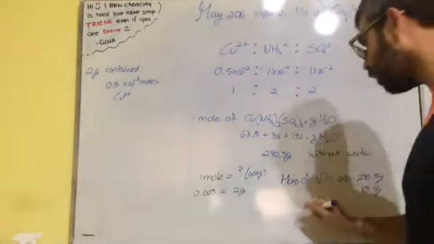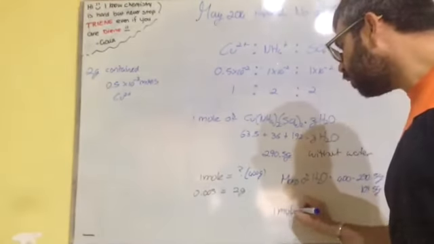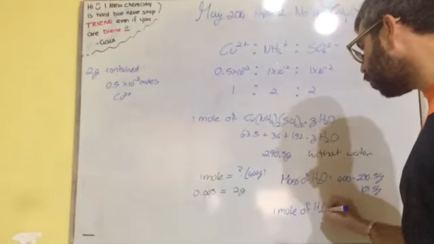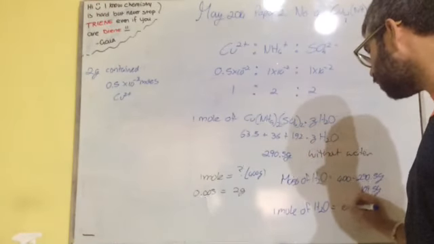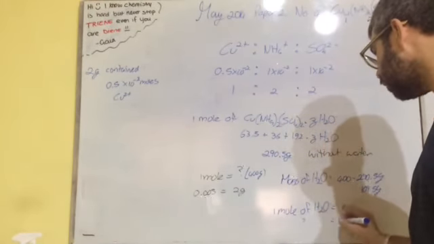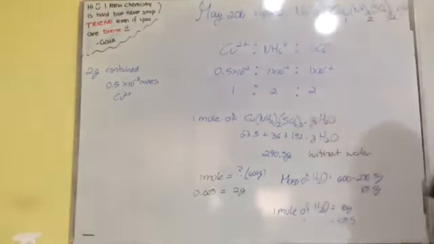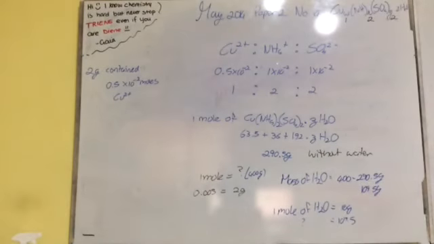Okay? 1 mole of H2O is equal to 18 grams. How many moles equals 109.5? If we divide 109.5 by 18, we get 6.